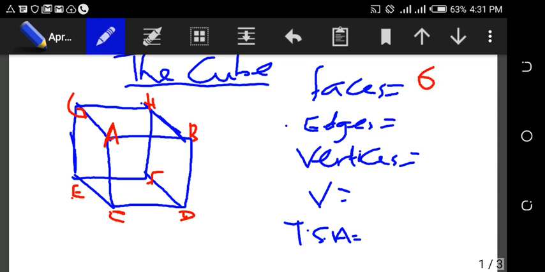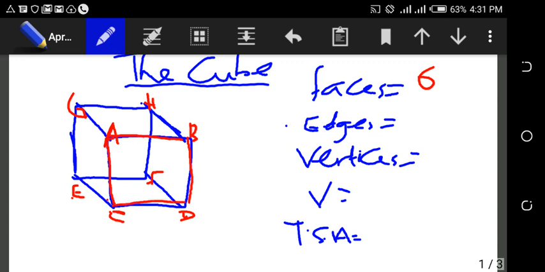We'll go over to the edges. Now, what is an edge? The edge is really the straight lines that you have on your cube. For example, your AB, that's an edge. BD, that's another edge. CD, that's another edge. AC, and all that. So those are the edges. Let's make a quick count to see how many edges we have. AC, that's 1. AB, that's 2. BD, that's 3.